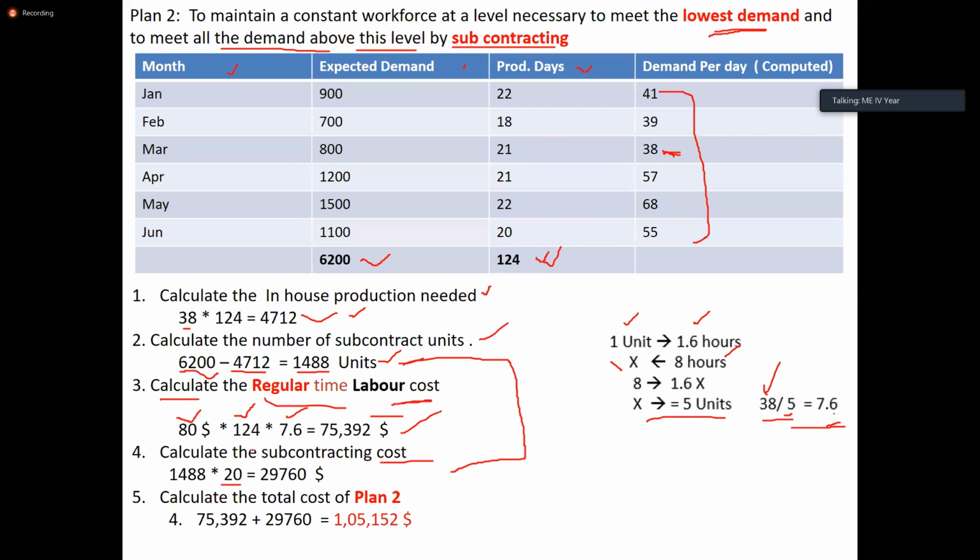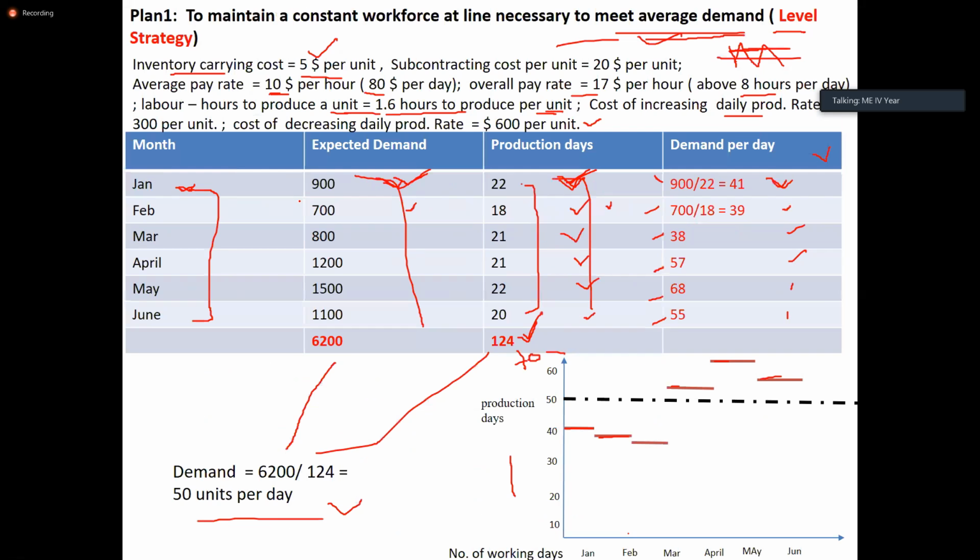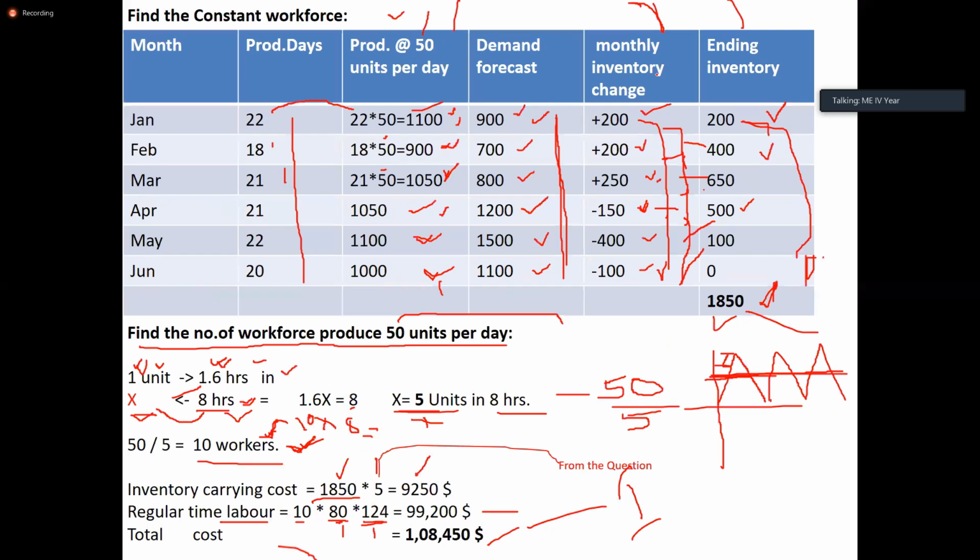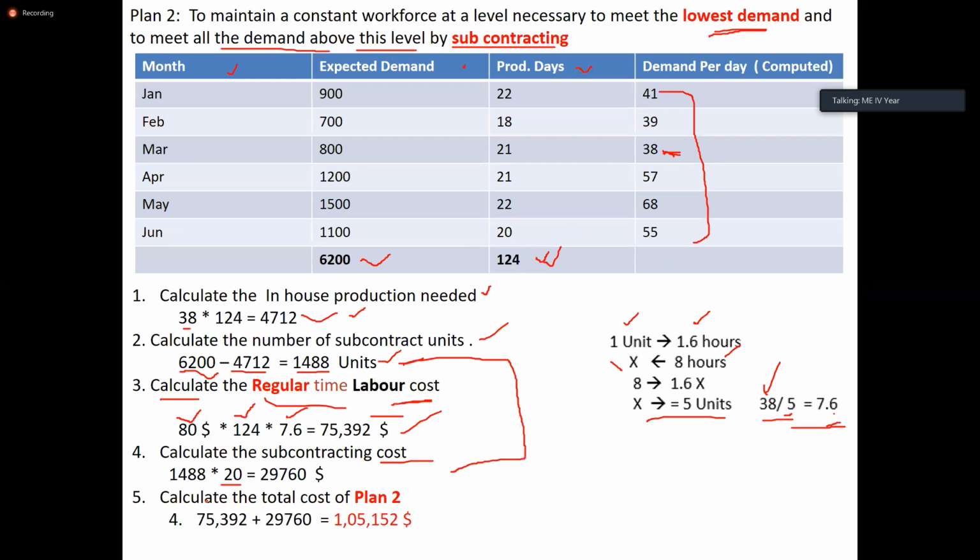This 20 is from the question: the subcontracting cost per unit. If you want to get it done per part, you have to pay $20 to the supplier. So that value I've taken here is 20. So you will get $29,760 that you have to pay in subcontracting.